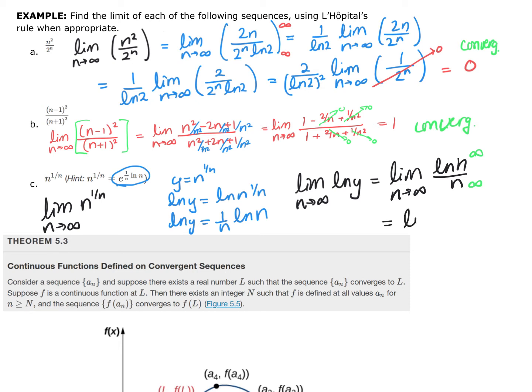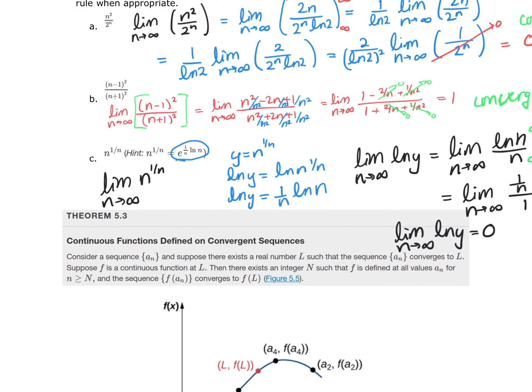So this is going to be the limit as n approaches infinity of 1 over n divided by 1, which we can do by direct substitution, which gives me 0. So that tells me the limit as n goes to infinity of the natural log of y is going to be equal to 0.